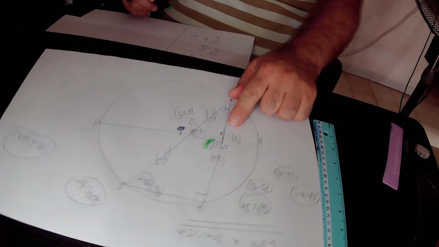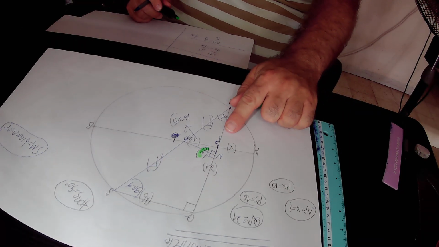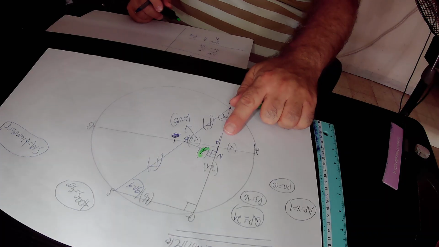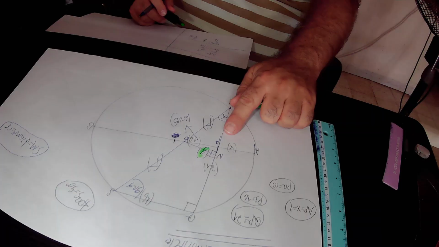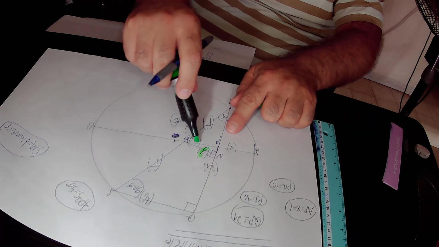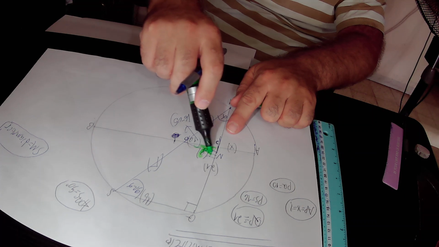In the next step, I'll copy the small right triangle ONP in a new page, and we will implement the Pythagoras theorem on this small right triangle ONP, the small right green triangle ONP.